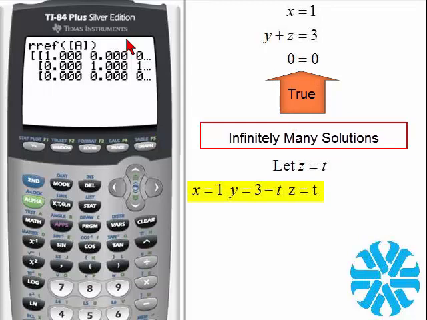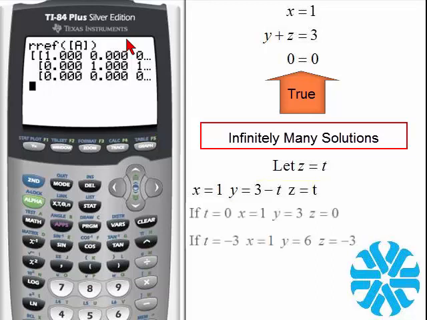Now we're going to substitute any value that we would like into t, and this is where the infinitely many solutions comes into play. So for whatever value of t we choose, we'll get a solution back for x, y, and z. And there are infinite choices that we can choose for t. So let's pick a couple easy values. If t is equal to 0, then x equals 1, y equals 3, and z equals 0.